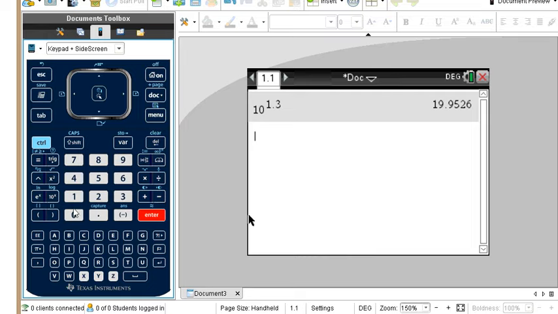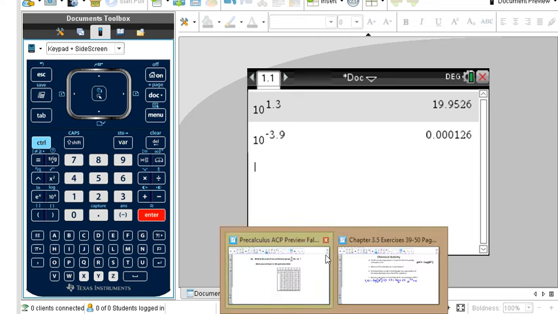So we go 10 to the power of negative 3.9, and we get 0.000126. Let me just write this out.